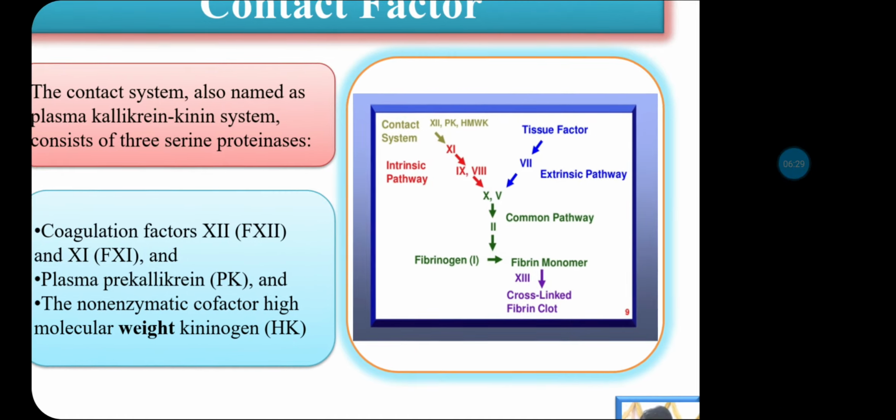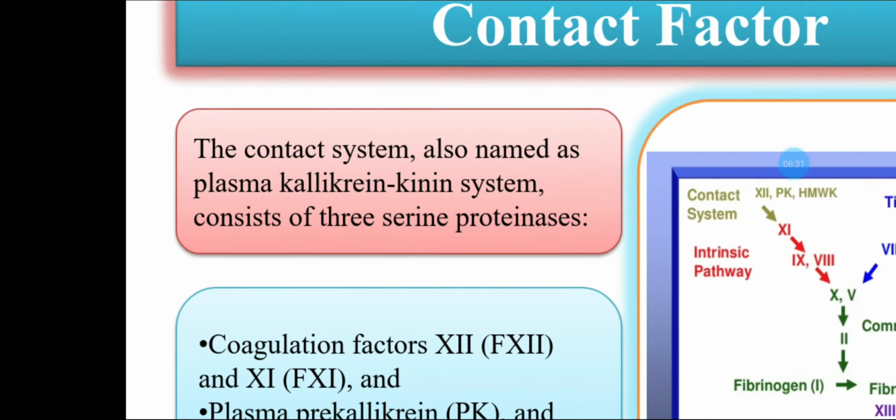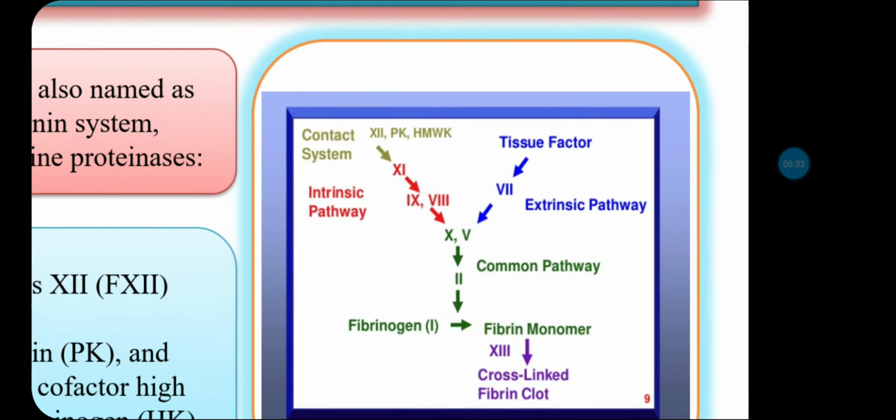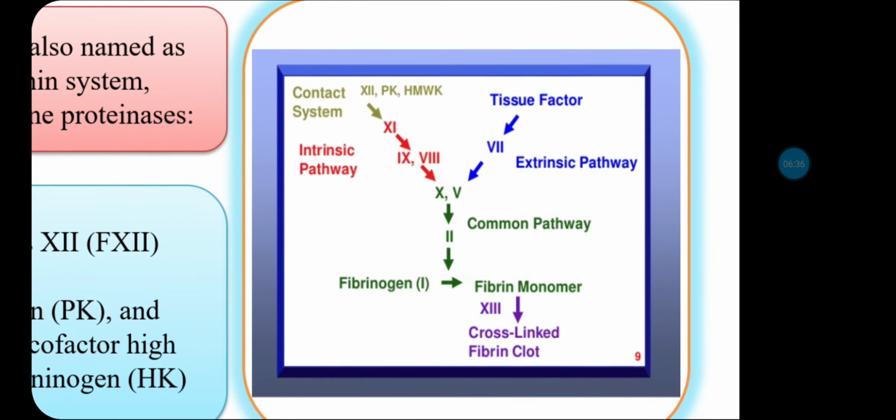Whenever they come in contact with a negatively charged surface, these factors activate, and there is an activation of the intrinsic pathway of coagulation. So here you can see in the intrinsic pathway the activation of factor 12 leads to the activation of factor 11, factor 9 and factor 8, and all these lead to the activation of factor 10 and 5.